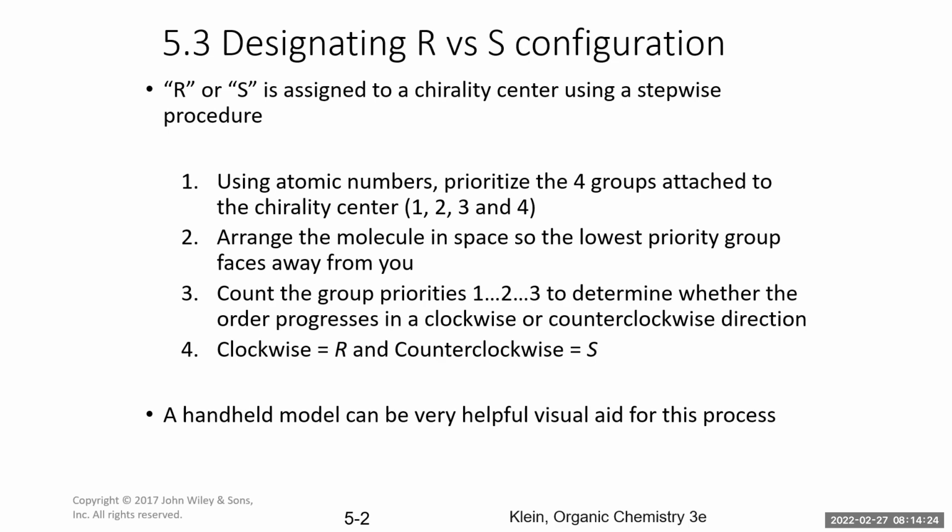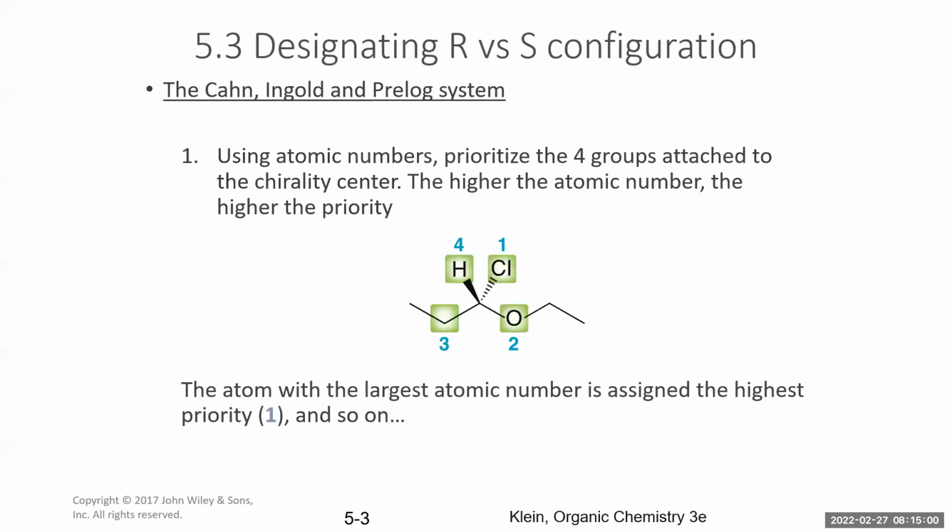And then once we have our 4 priorities, we want to arrange the molecule in space so that the lowest priority group faces away from us. And then count the group priorities 1 to 2 to 3 to determine whether the order progresses in a clockwise or counterclockwise direction. If it progresses in a clockwise direction, we're going to call that R, and counterclockwise is S. And again, a handheld model, particularly at first, is a very useful visual aid for this process.